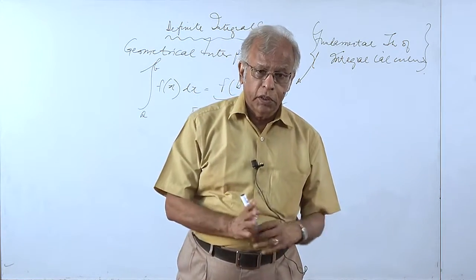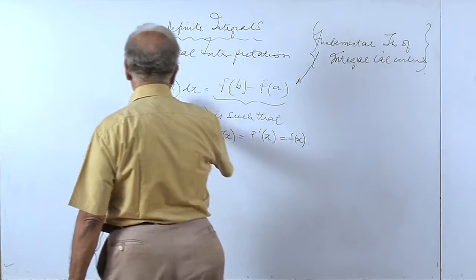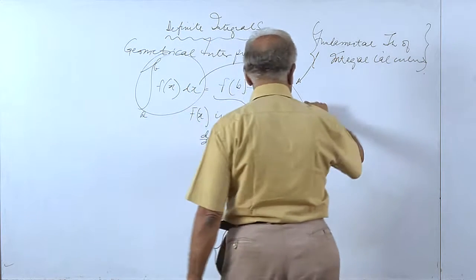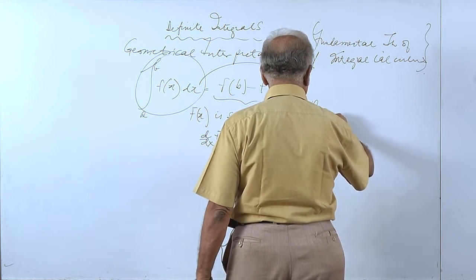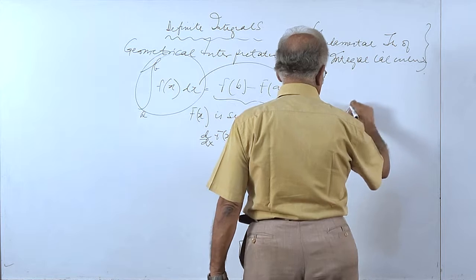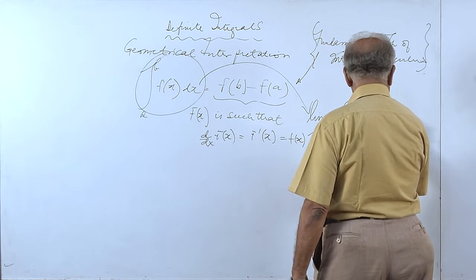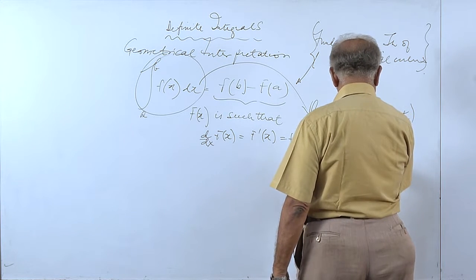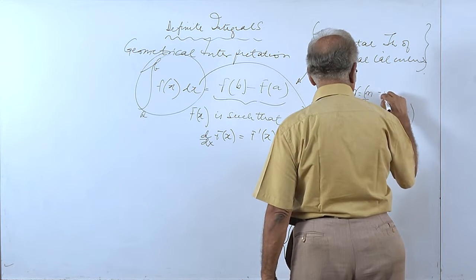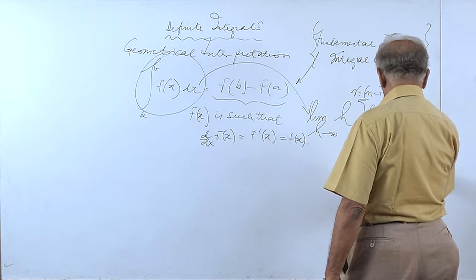It's not a definition. The definition is what we have done a little while ago, and I am prepared to write it down again, that this is defined to be the limiting value as h tends to 0 of h times sigma f(a plus rh), r starting at 0, r going all the way up to n minus 1, under the condition that nh is equal to b minus a.